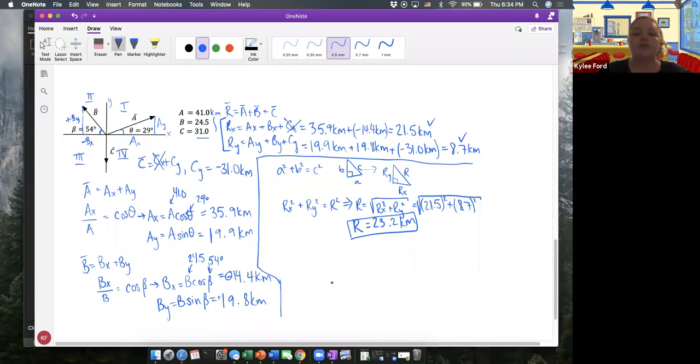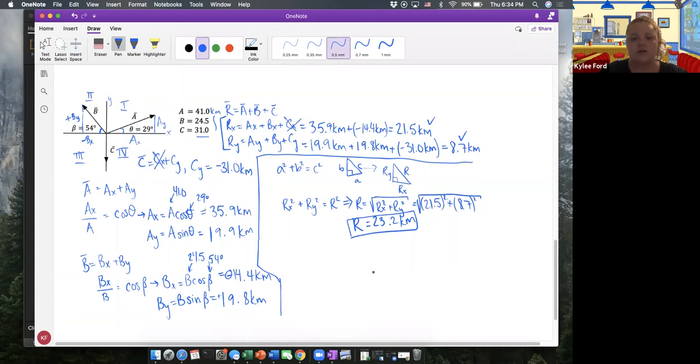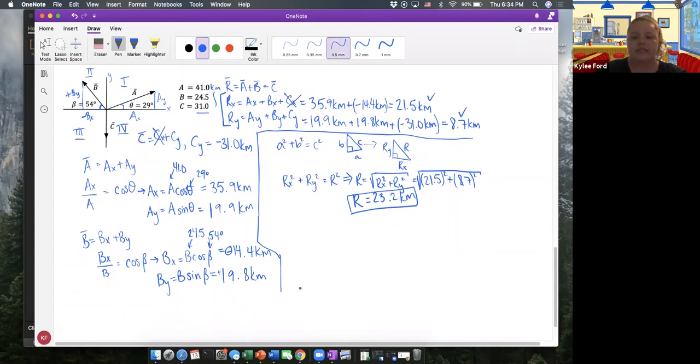Okay, so I'm going to use the tip to tail method to put it all into one big picture, okay? So I have my A. Now again, this is not going to be perfect because I'm drawing this out. Okay, so be lenient on me. Let me get a little bit of a y-axis here, an x-axis. It kind of helped me.